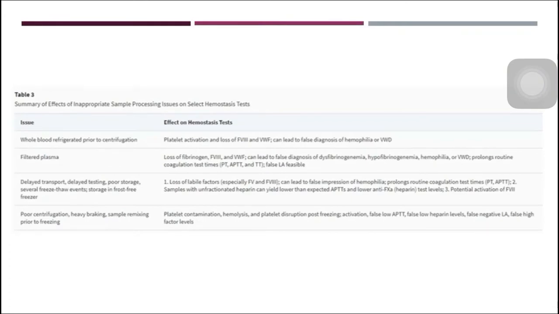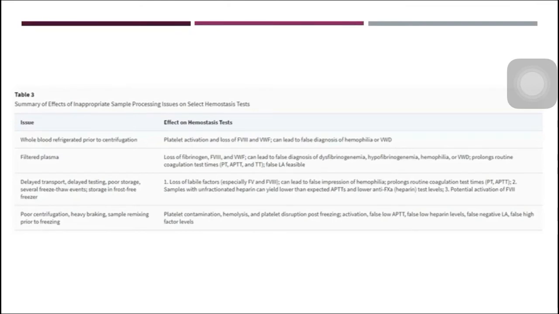Also, we have the summary of effects of inappropriate sample processing issues on select hemostasis tests. For example, whole blood refrigerated prior to centrifugation may lead to platelet activation and loss of factor 8 and von Willebrand factor. Hence, this may lead to false diagnosis of hemophilia or von Willebrand disease. Now, filtered plasma may induce loss of fibrinogen, factor 8, and von Willebrand factor.